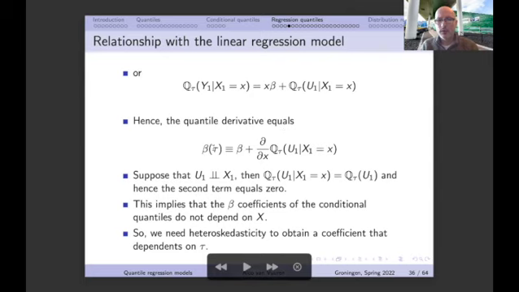And that means, of course, that in that particular situation, if u1 and x1 are independent from each other, then the regression quantiles that we have over here are exactly equal to the beta coefficients that we have from our linear regression model.